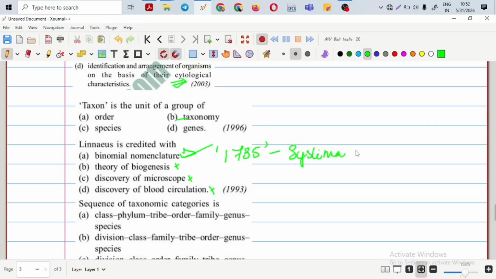Later in Species Plantarum in 1753, that's another book. He used two Latin words for any organism. That is why naming the organism with the two terms. Bi means two. Nomial means naming. That is naming an organism with two names.